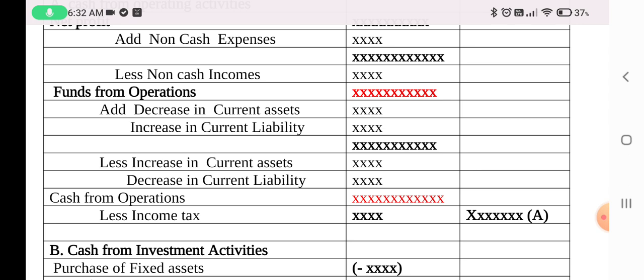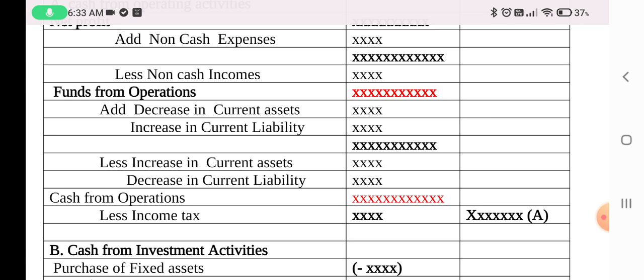If the current asset is increased, that means purchase, the cash is going out, so it should be decreased. In case current assets are decreased, it means sold. When the current assets are sold, cash is coming in, so it increases the cash balance and must be added.